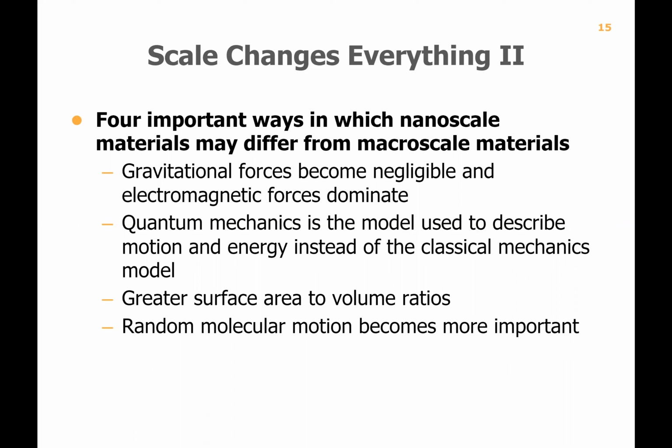In most of physics, you were really looking at classical mechanics rather than quantum mechanics. Classical mechanics is like the things we can see, like if you throw a baseball, how is that going to act? Greater surface area to volume ratios. The surface to volume ratios are just super huge. And finally, random molecular motion becomes more important at the nanoscale.